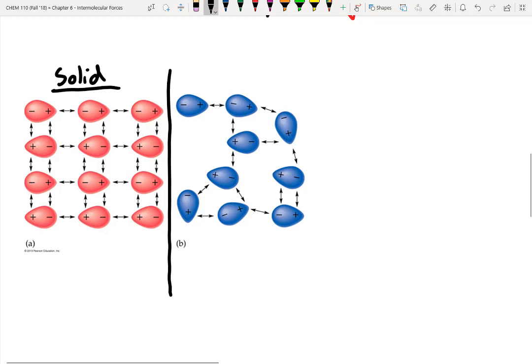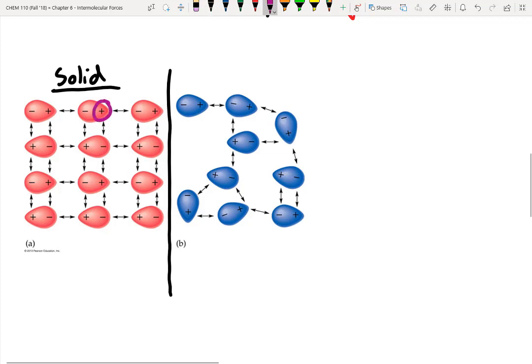That'll pair up with the partial negative end of another one, and then so on. And then that can actually go three-dimensionally too, right? So not just across, up and down, but in and out of the page. So you end up oftentimes with almost a lattice network or a brick wall where you're trying to pair up opposite ends. So partial positive side will always pair up with partial negative.